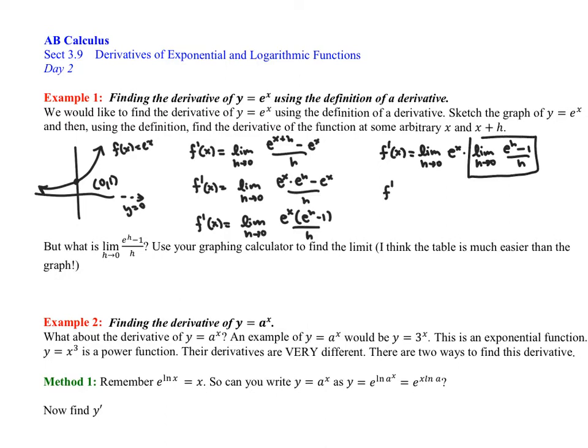So f prime of x is going to equal 1 times the limit of e to the x as h goes to 0. Well, h is not part of this function, therefore whatever h is going to is irrelevant. So we get e to the x times 1. So this is the only function whose derivative is itself.